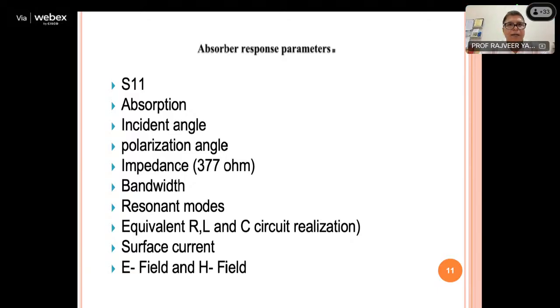While an absorber is designed, we need to look for S11, absorption, incident angle, polarization angle, impedance matching to free space, bandwidth, resonant modes. The heart of antenna design is to clearly create resonant modes and make them dance as per our requirements.